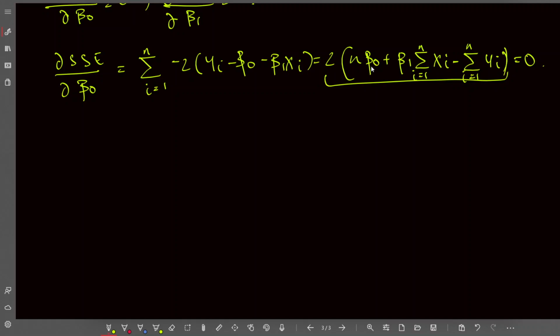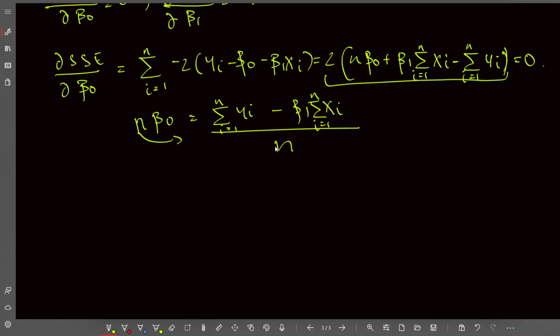We need to find the value of beta naught. So beta naught is equal to summation y_i, i equals 1 to n, minus beta 1 summation x_i, i equals 1 to n. And if I bring this n down into the denominator, then this basically becomes the mean, right?